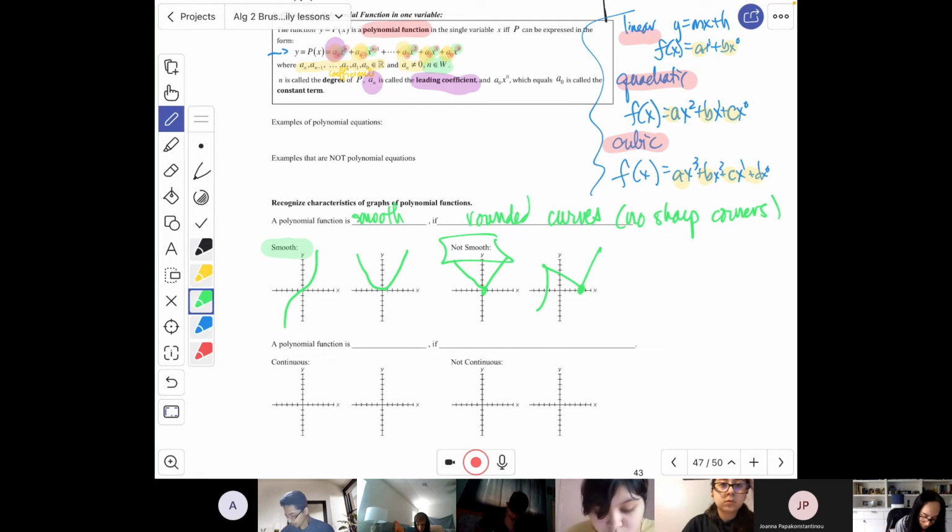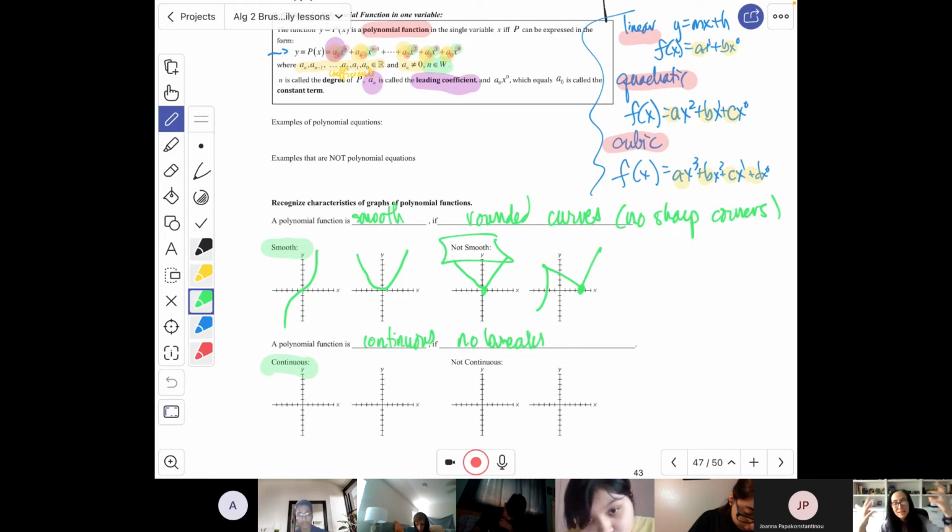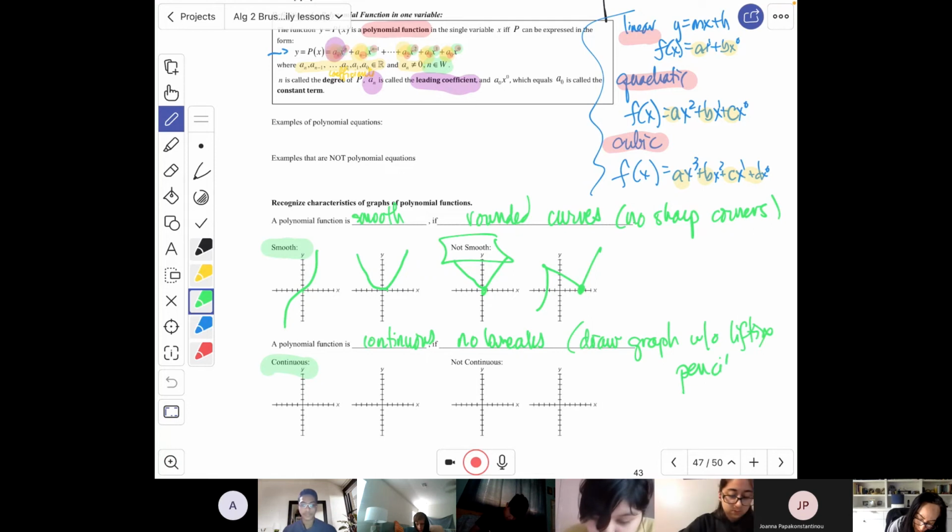Another math term is the term continuous. And we've talked about this. We said a polynomial function is continuous if there are no breaks. In other words, I can draw the entire graph without lifting my pencil. So examples of continuous functions, again, that's continuous.